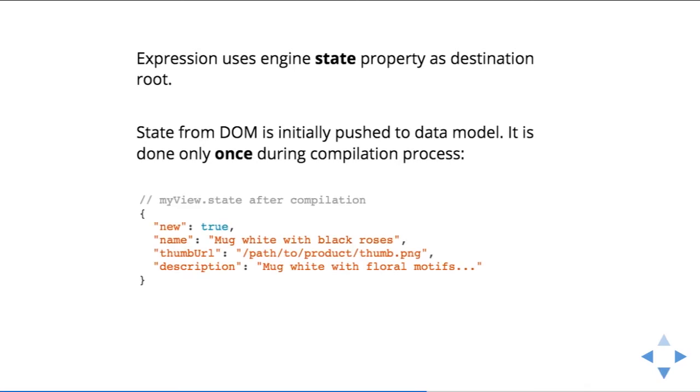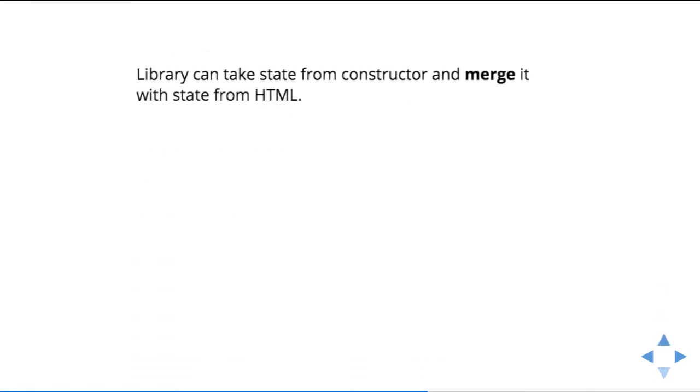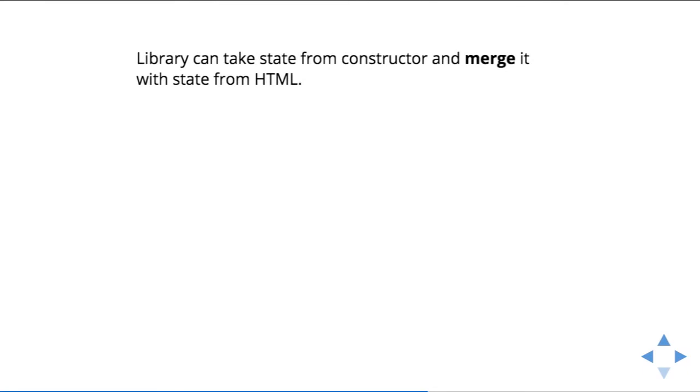So after compilation, for the example HTML code that I showed you before, our state will be like that. We take this information out of the HTML. The library can also take state from the constructor and merge it with state from HTML.